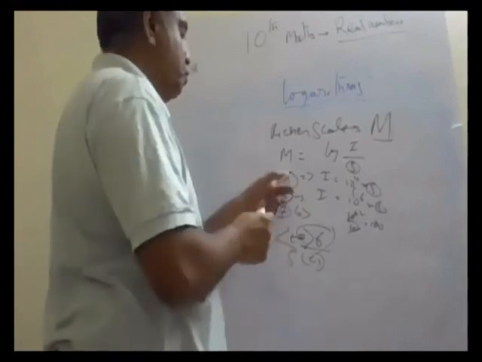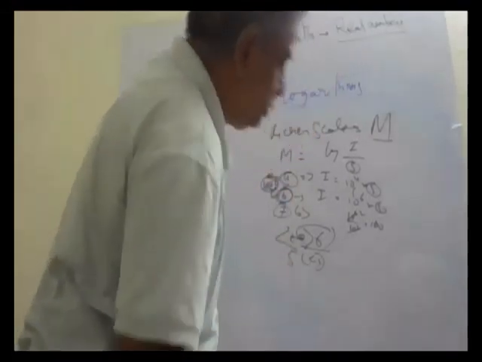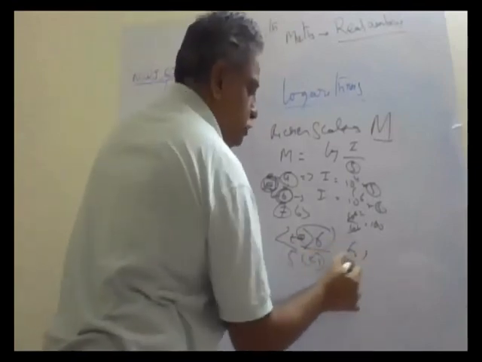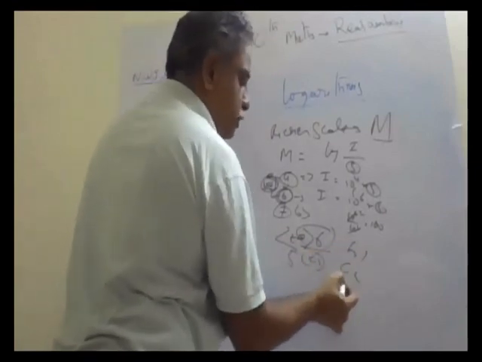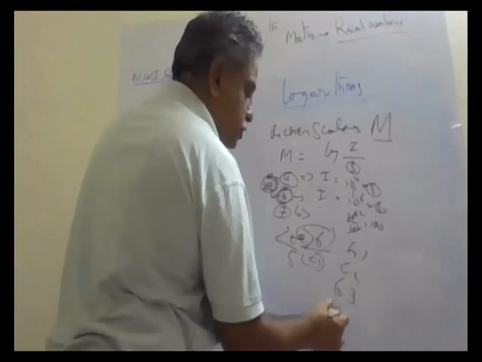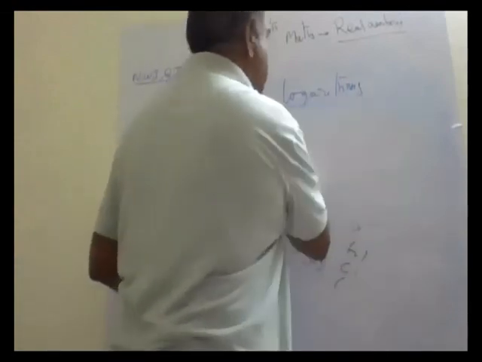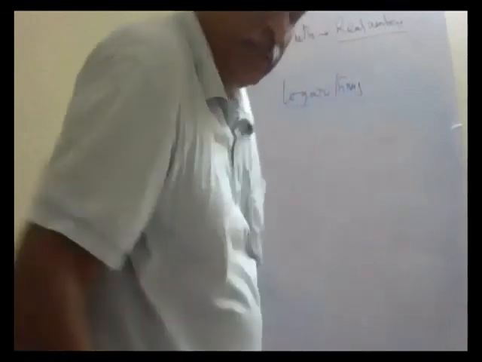So as it increases, we should be more careful. For 6.1, dangerous. 6.2, further dangerous. 6.3, dangerous. 7, very dangerous. This is how the Richter scale is given in logarithms.